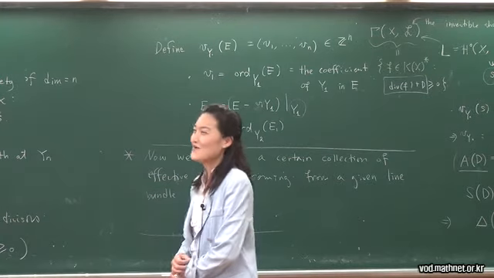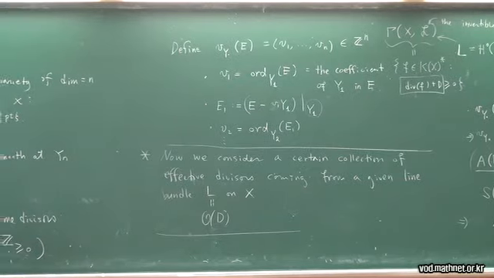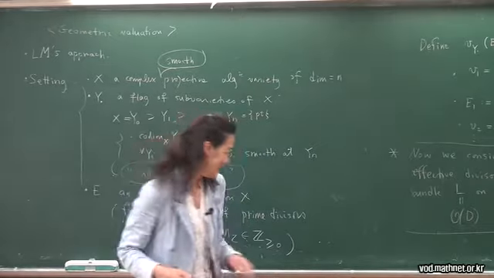I don't see this. So here's the thing. If you have a line bundle, you can think about lots of divisors coming from the sections. They are all linearly equivalent to each other. So what is linear equivalence? Could you remind me of that?